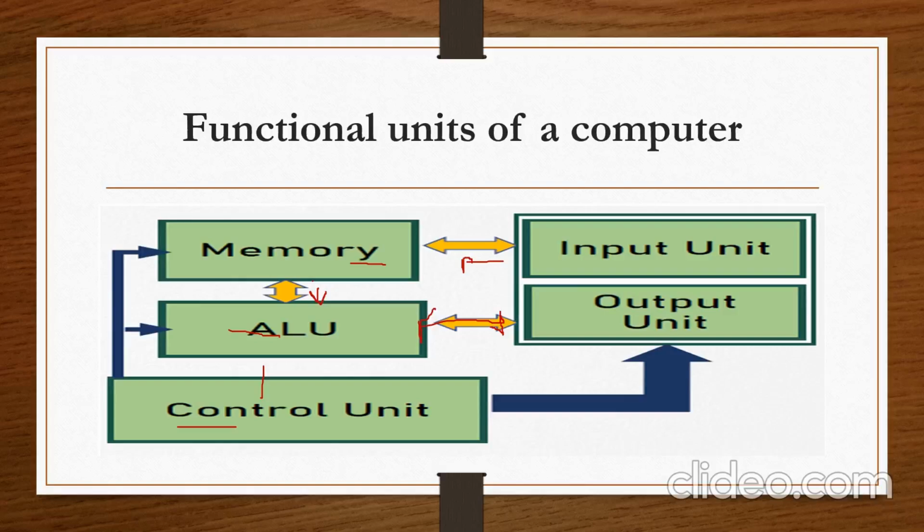Then the ALU, the arithmetic logic unit, and the control unit are jointly combined in a central processing unit, or what we call the CPU. The CPU acts as the brain of a computer. It makes all the important decisions within the computer system, including sorting or calculations, and also directs parts of the computer functions by activating and controlling the operations within the computer.